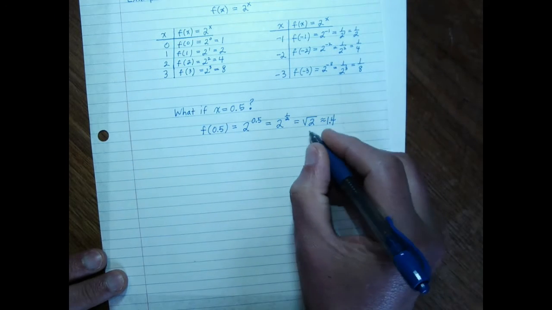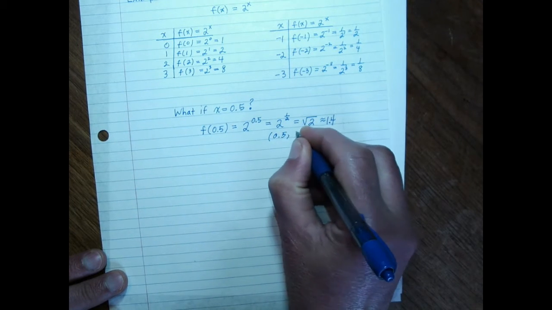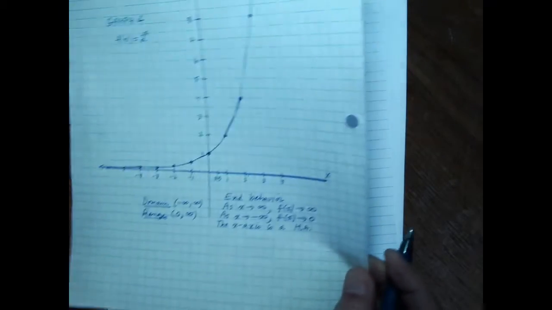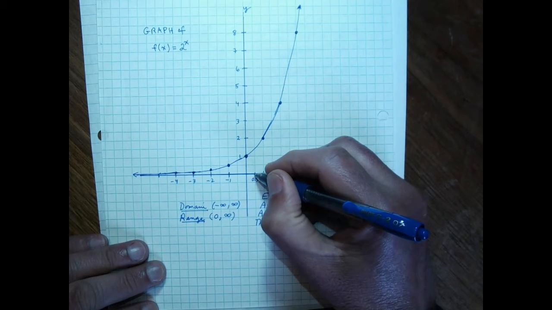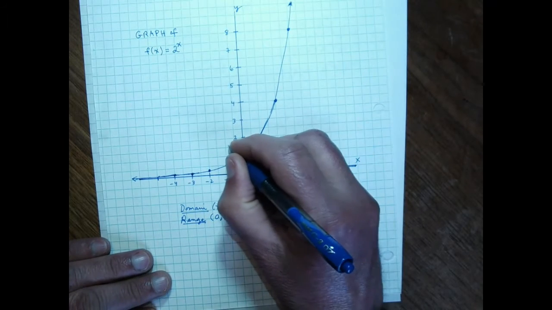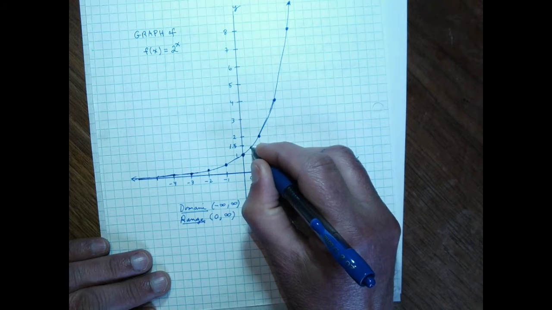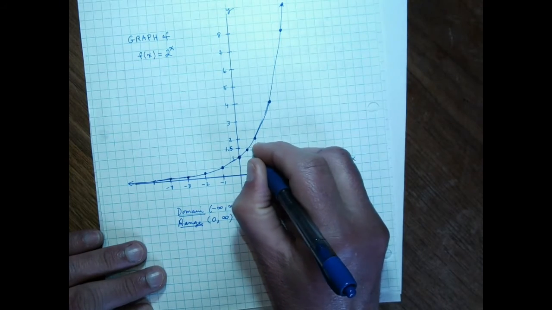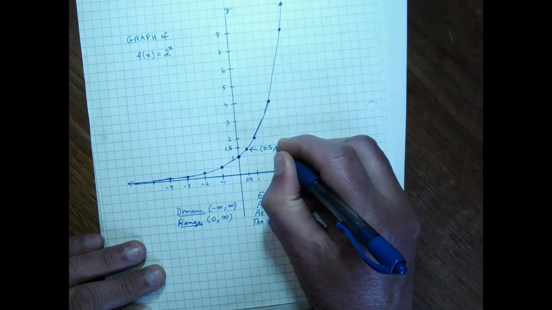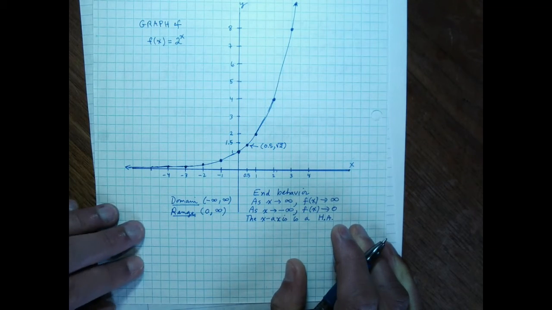So the point (0.5, 1.4) approximately should lie on the graph. Looking at the graph we sketched, 1.5 is right here on the y-axis, so notice that even in my picture, I'm a little bit below. I would say that's the point (0.5, square root of 2). Square root of 2 is about 1.4.